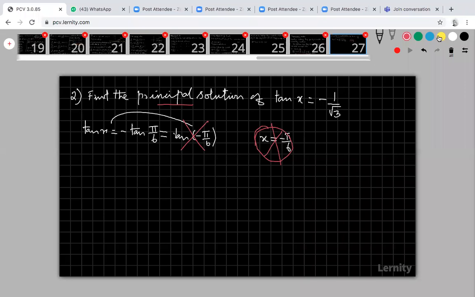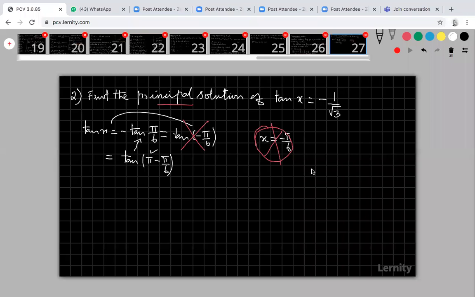I'm going to apply some other formula. Tan of pi by 6 can be written as tan of pi minus pi by 6. What is tan of pi minus pi by 6? I have already told you, if pi is given, you don't change the function, take tan pi by 6 and come to the sign.